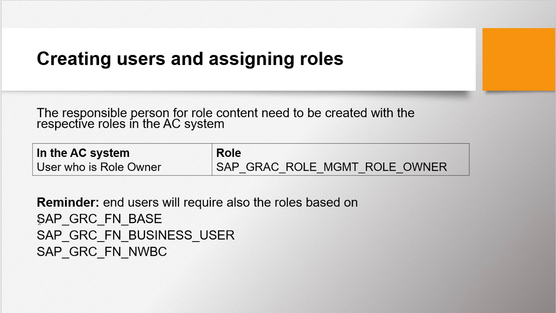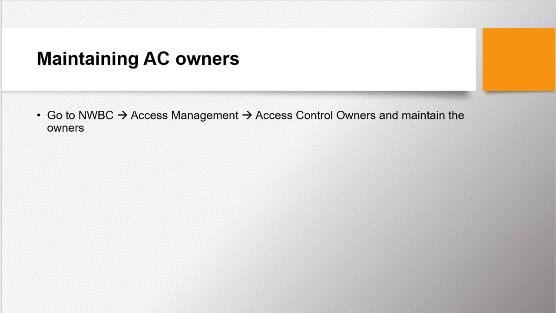Like we know that every GRC user will need by default these three roles, but from a role owner standpoint, you also need to assign this particular role, the GRC role management role owner role, to all role owners and approvers. Once that is done, you also need to define the role owners in access control. We'll see how to do that in a demo video too.